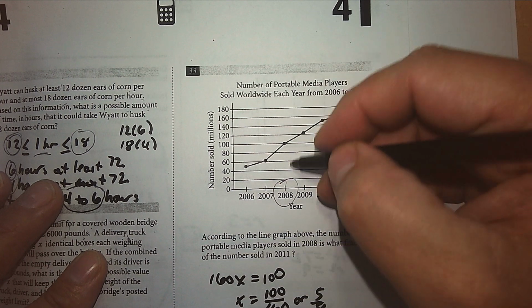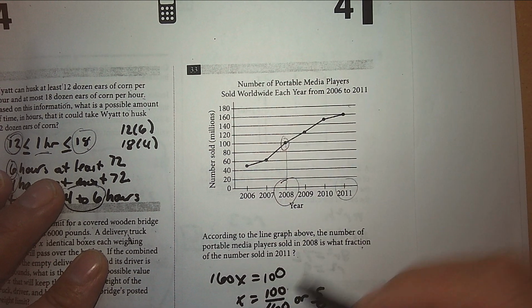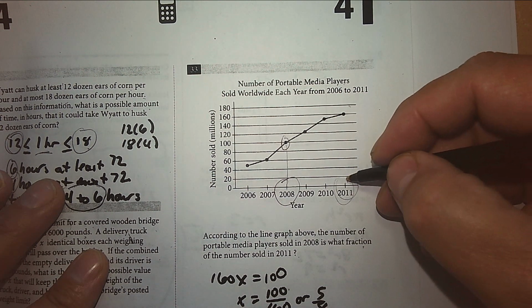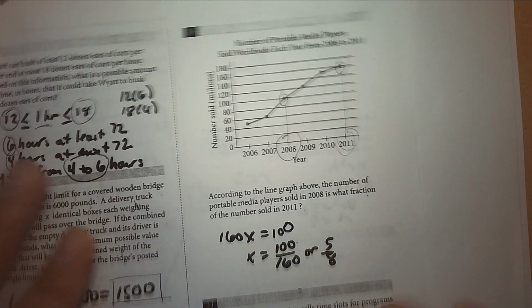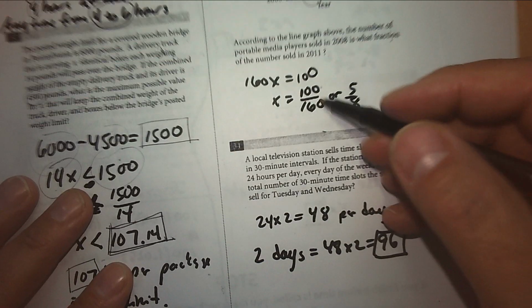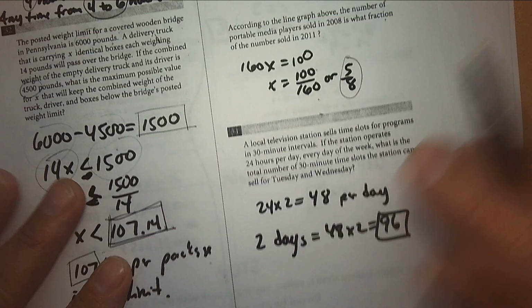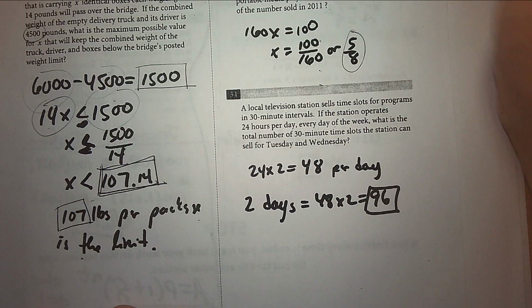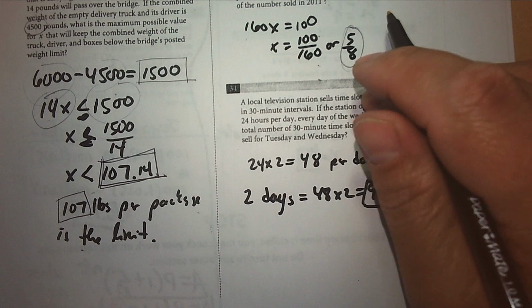So obviously, what do you have to do? 2008, how many were sold? 100. 2011, and it's 100 million, but you're dividing, so it'll divide out. 2011, 160 million. So you don't need the million to divide, and then reduce it down. So that's where you get the fraction. One times the other. And then divide.